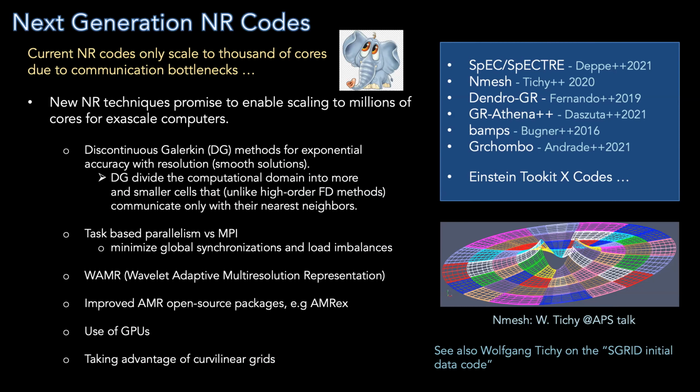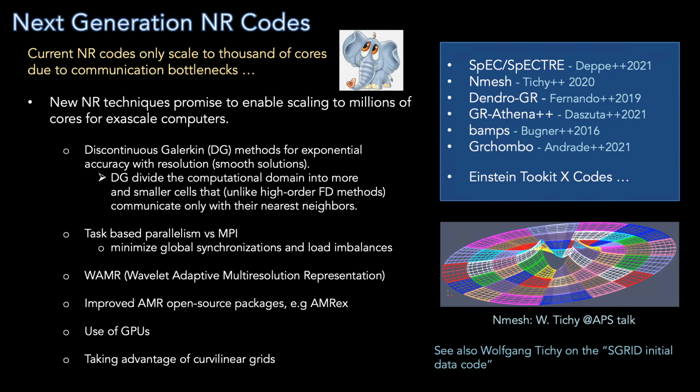Those are codes that are really promising in terms of enabling scaling into millions of cores for exascale computers. And I'm listing some of them here: SpEC and SpECTRE and Mesh, Dendro-GR, GR-Athena++, BAM, and GRChombo. And of course, the Einstein Toolkit, CarpetX, the future of the Einstein Toolkit.